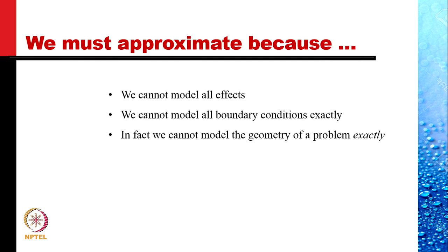In fact, we cannot model the geometry of a problem exactly. There's always some assumptions. If nothing else, we assume the material is uniform. So we must approximate. So we must have a basis on which we can decide if our approximations are going to work or they are not going to work.